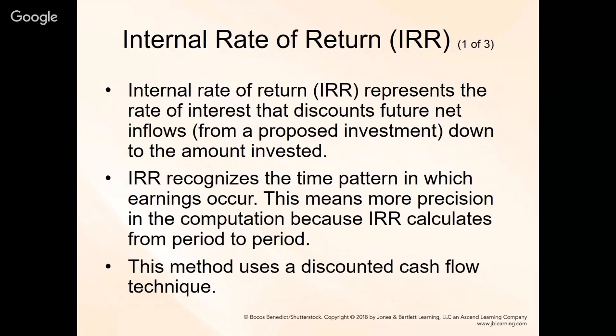Your internal rate of return recognizes the time pattern in which the earnings occurred, and it's going to give you more precision in that computation, because the internal rate of return is from period to period, whereas the other two methods are purely based upon an average investment. So your internal rate of return is not real complicated. It requires two assumptions and three steps.